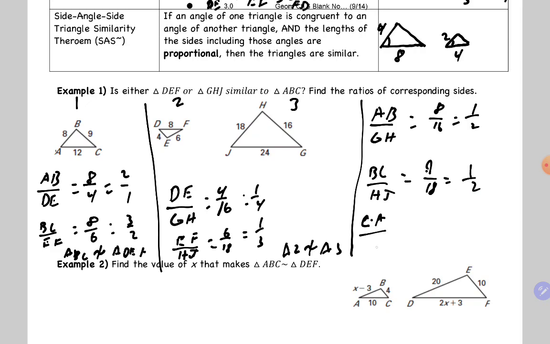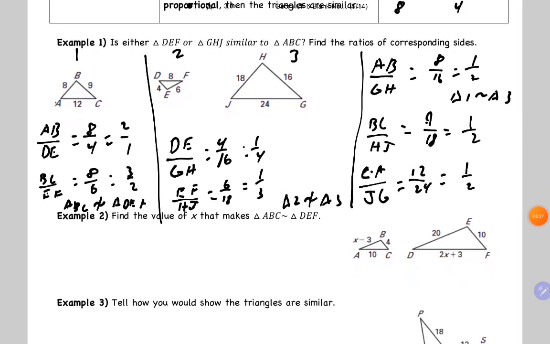CA over JG is 12 over 24, that's 1/2. That means triangle 1 is similar to triangle 3. Now, you wouldn't call it triangle 1 and 3, you would call it triangle ABC and triangle GHJ, and that is by the SSS similarity theorem.